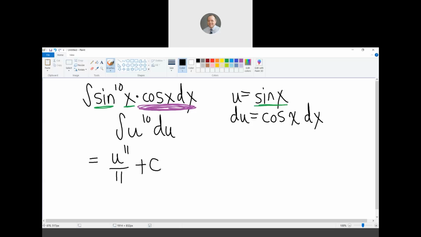The last step, we need our answer in terms of x, so we back substitute u. u was sine x, so that would be sine to the 11th power x all over 11 plus c.